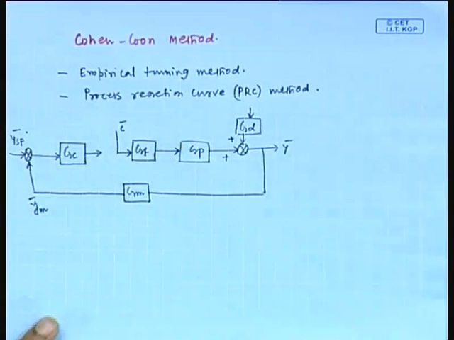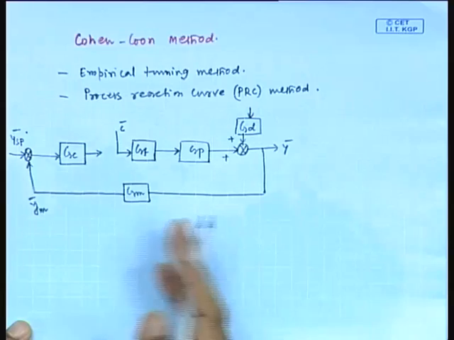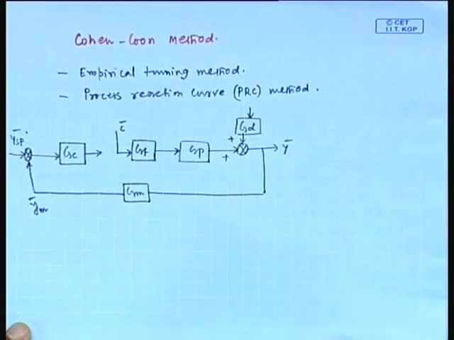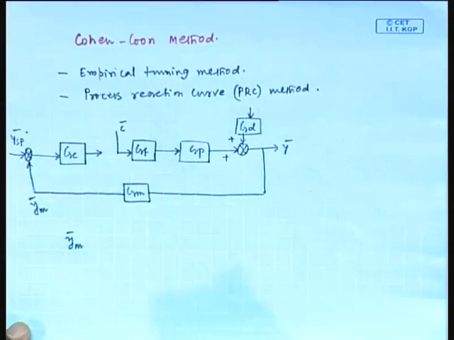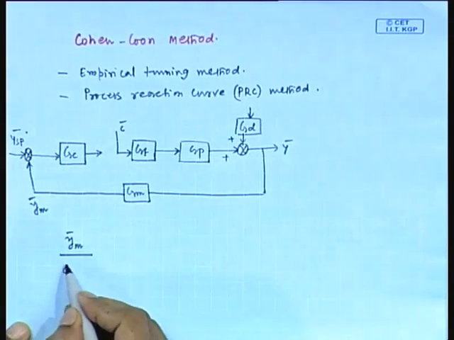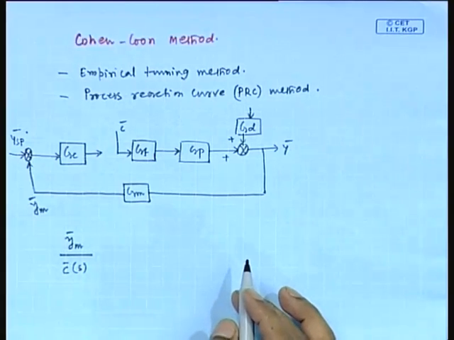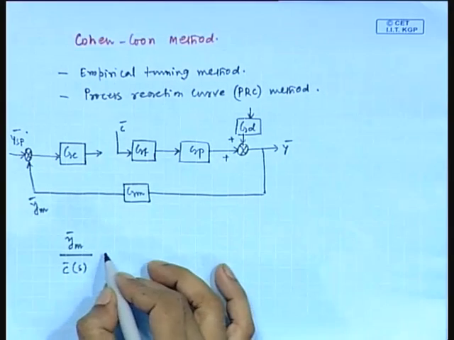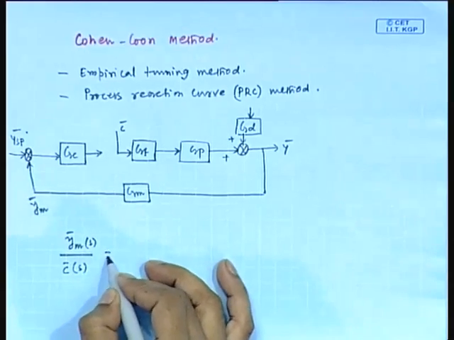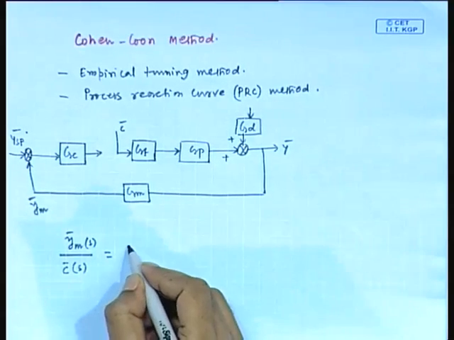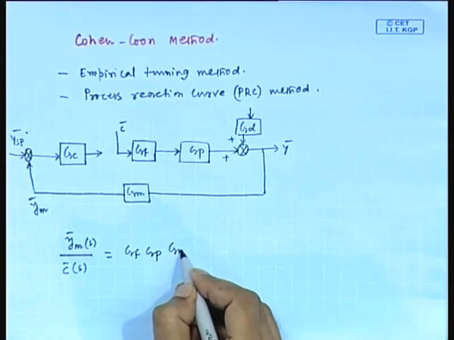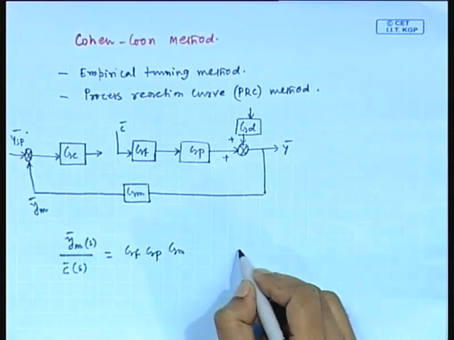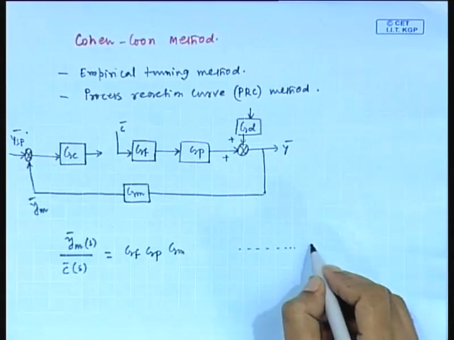Fine. Now, if we disconnect the final control element from the controller, then we can write the output Ym bar divided by input C bar equals Gf Gp Gm. Definitely this is for the case of the servo problem.